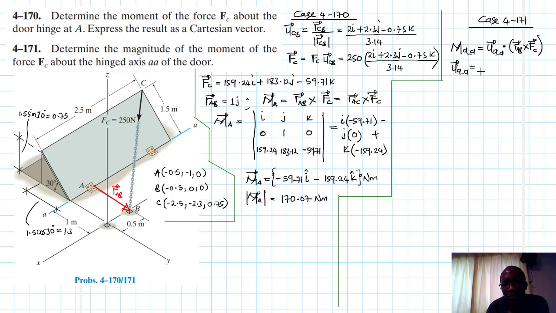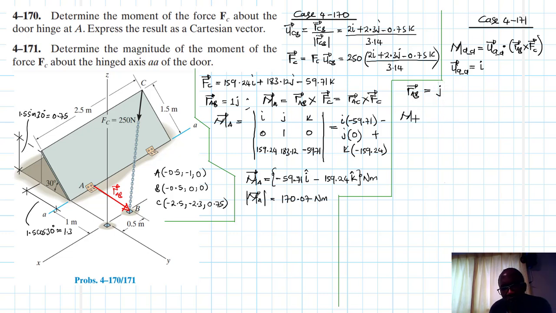So this is just going to be equal to I. This unit vector is just I. And then we have RAB, which we already calculated. RAB, we already know it. RAB is just equal to J.